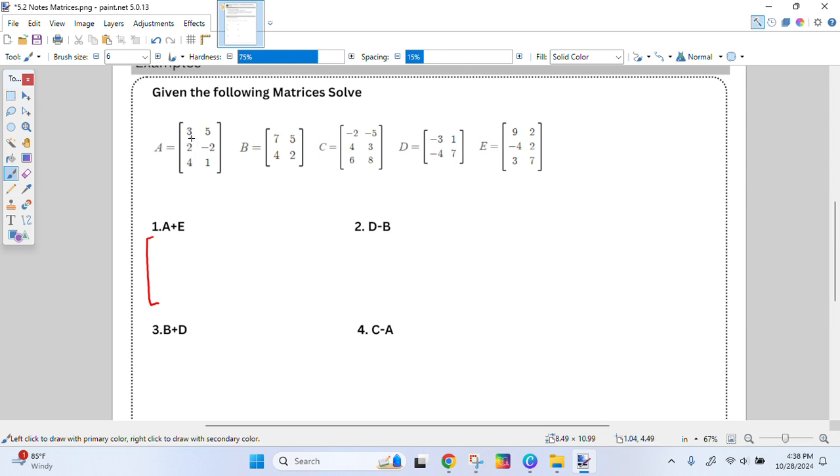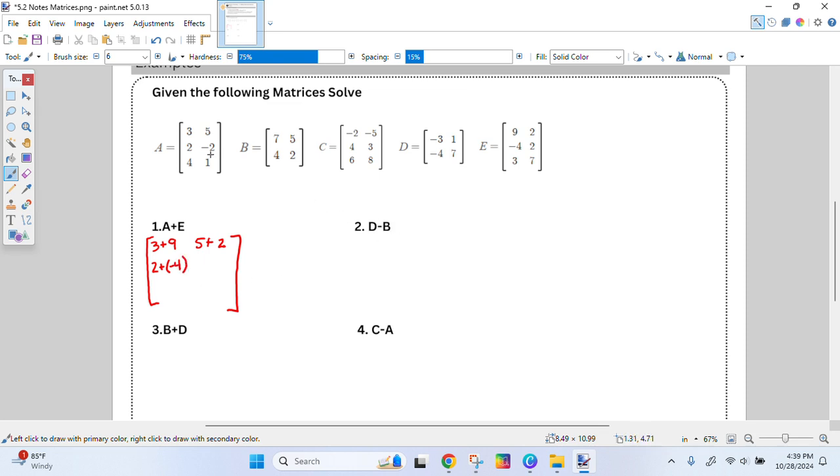I'm going to write my corresponding elements, starting with row 1, column 1: 3 plus 9. Row 1, column 2: 5 plus, because we're adding, 2. We can move to our next row. A has 2, E has -4, so 2 plus, and I'm just going to put the -4 there so I don't get it mixed up.